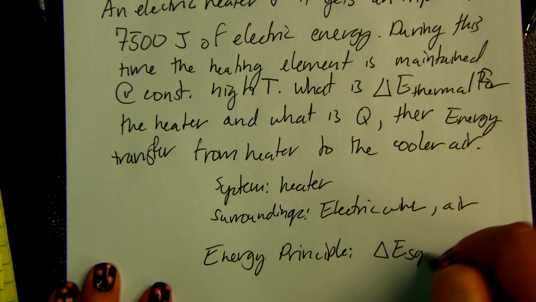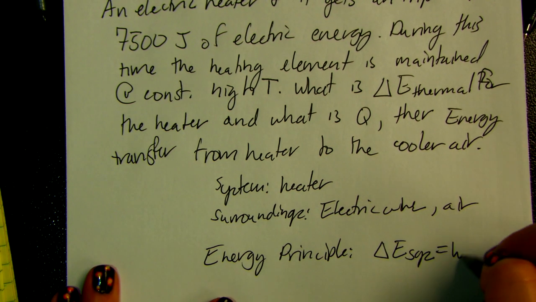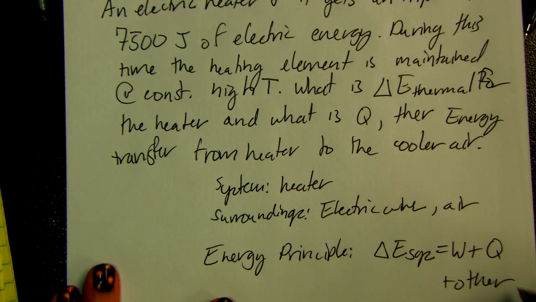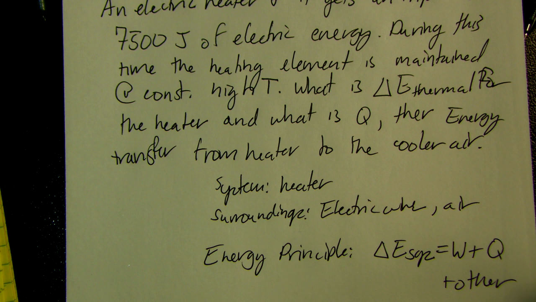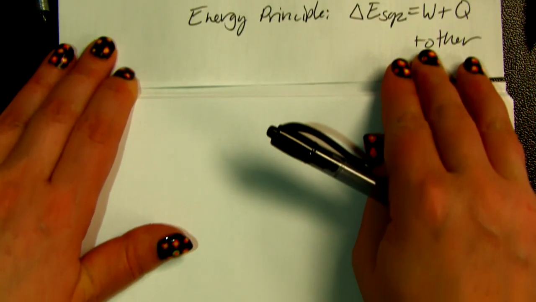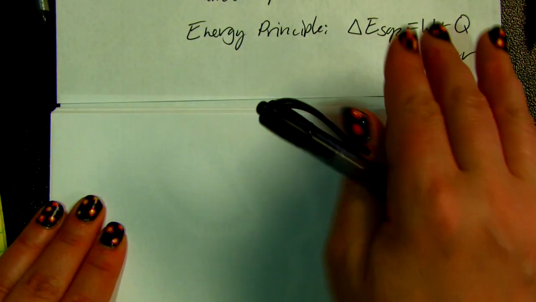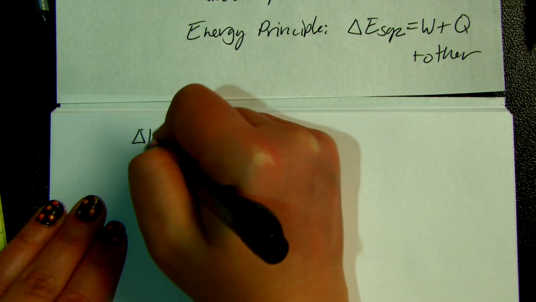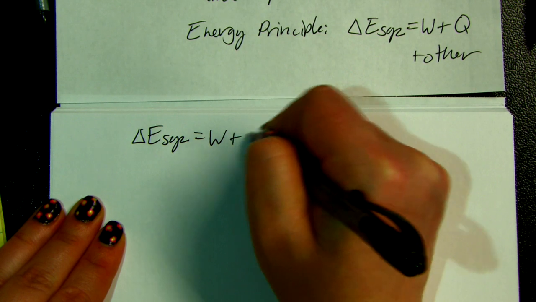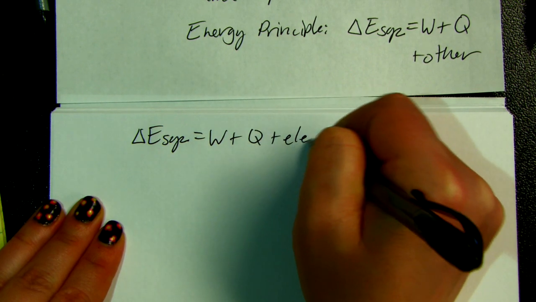The change in energy of the system is equal to the work plus Q plus anything else going on. Fleshing that out, delta E system is equal to work plus Q plus electric would be the other.